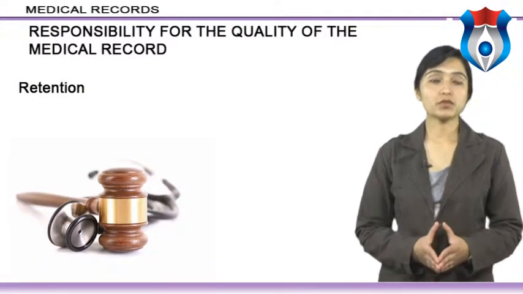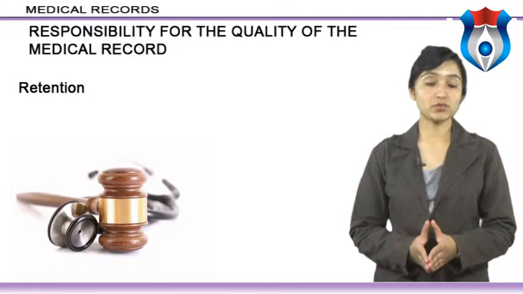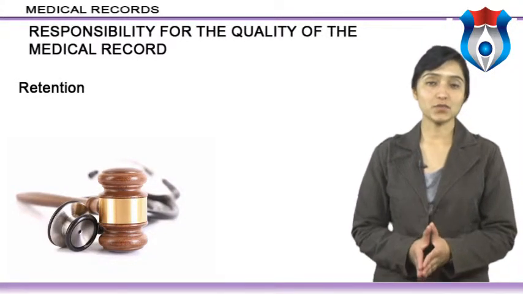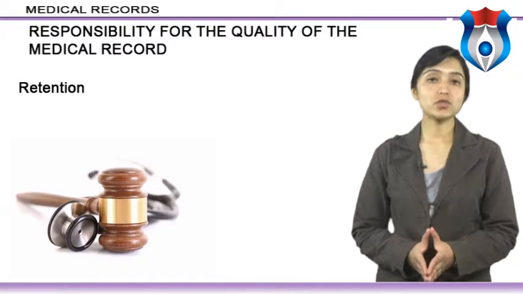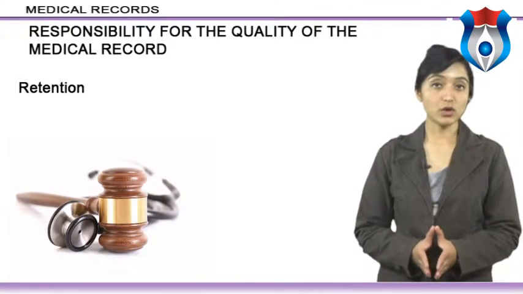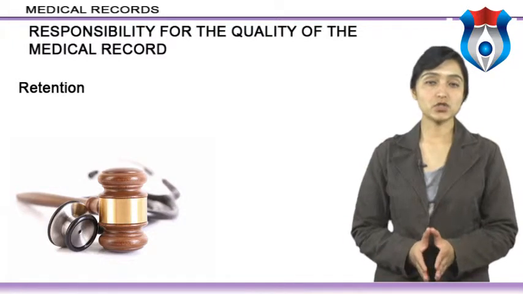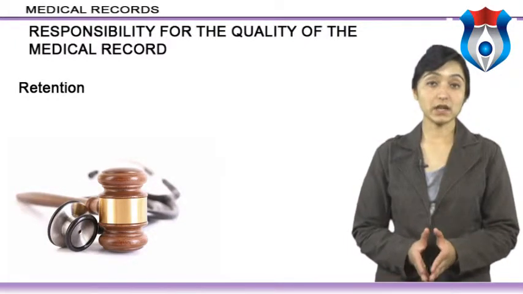Retention. One of the problems faced by medical record departments all over the world is shortage of space for active files and more so for inactive files. In all private healthcare facilities, space does not generate revenue and should be kept to a minimum. Inactivity.